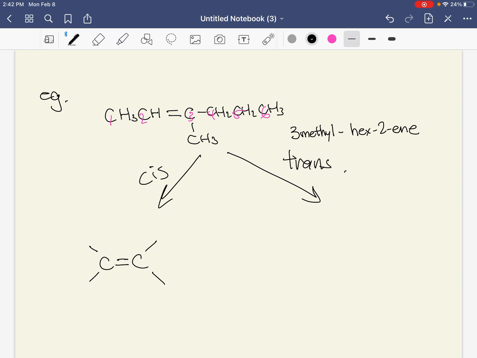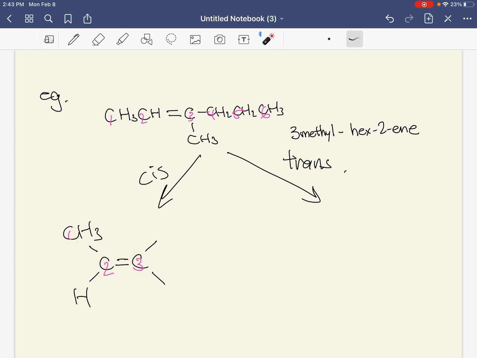So this is going to be carbon number 2 and carbon number 3. Where would you want carbon number 1? So let's say I want carbon number 1 up here. That's this right here. That means I'm going to put H down here. See that? So this is 1, 2, 3.